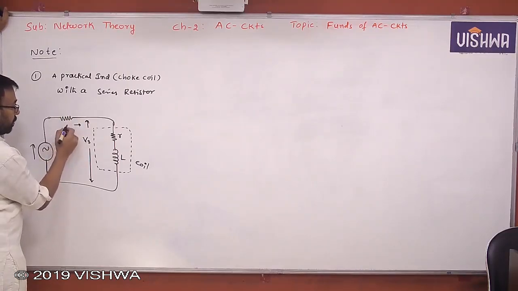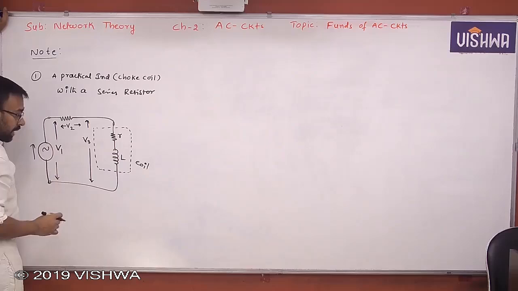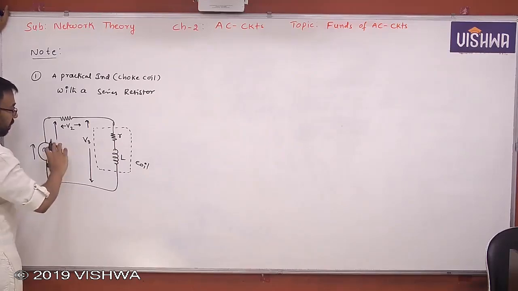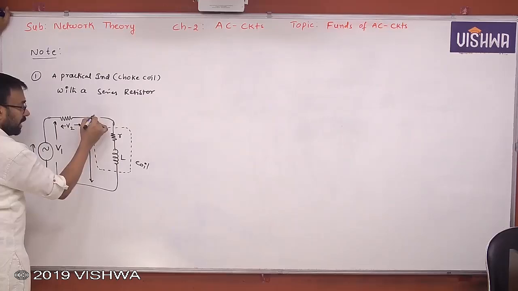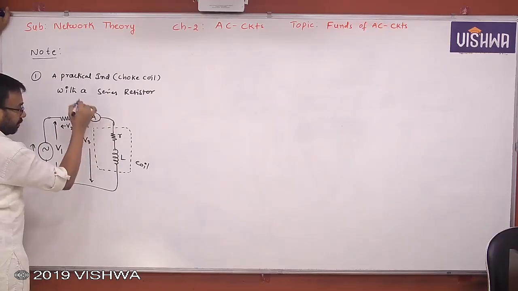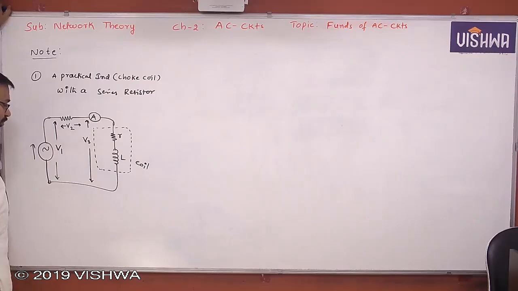These V1, V2, V3 are the voltmeter readings. Assume that there is an ammeter placed here. Now all these values are available, let us assume, because this is an experiment which you generally do.